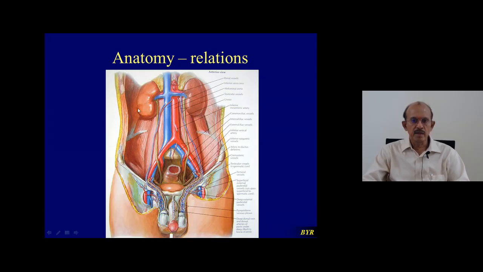Kidneys are situated on either side. They are bean shaped, and they have the renal artery and renal vein, and the ureter comes out. The ureter crosses the common iliac artery at this division. It enters the pelvis and then it opens into the bladder on the posterior wall.